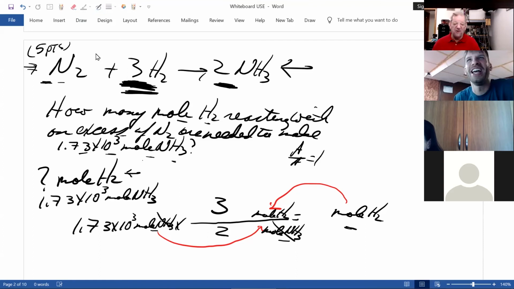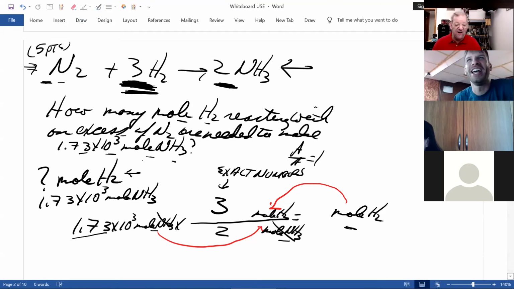And now I'll go to my calculator, but just let me remind you, these numbers are exact numbers, and they play no role in determining significant figures. So this is 3 significant. My answer should be 3.